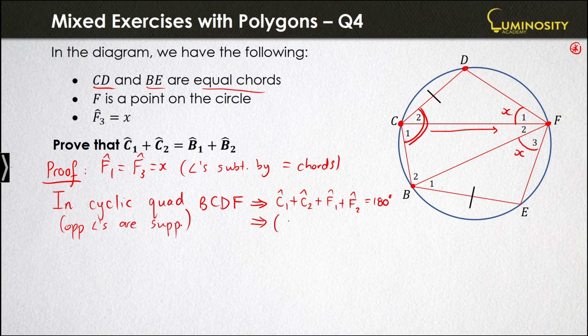If I group C1 and C2 together, and I note that angle F1 must be X, and angle F2 is just equal to itself, I now have that equation there. I'm going to call that equation 1.